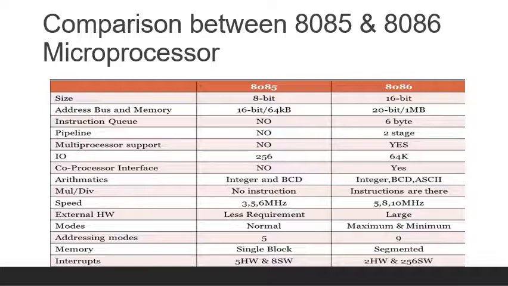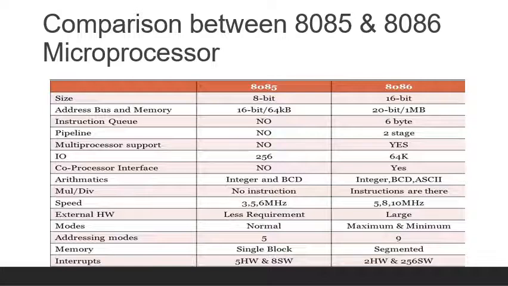Coming to the memory, 8085 can access up to 64 kilobytes of memory whereas 8086 can access up to 1 megabyte of memory. The 8085 does not have an instruction queue whereas 8086 has an instruction queue.